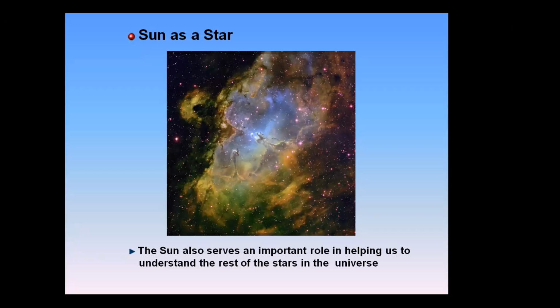We can look at it very closely, basically the outside, as well as the most important thing, the inside, what's going on inside the sun. That means we can get some idea about how a star evolves over time and what changes happen inside it. Those are the things we can learn when we look at the sun. So it is important to get some idea about the other stars in the universe as well.